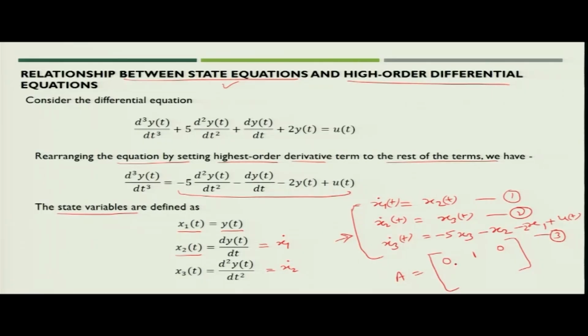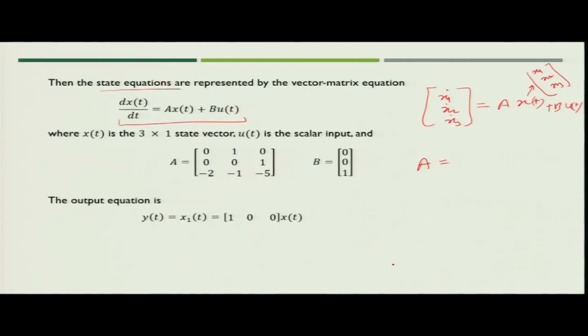For x2 dot, x1 and x2 are not there, so 0, and x3 is present with coefficient 1. For x3 dot, x1 is minus 2, x2 is minus 1 and x3 is minus 5. So, this is the value of A, a 3 cross 3 matrix corresponding to x(t), which is a 3 cross 1 vector.